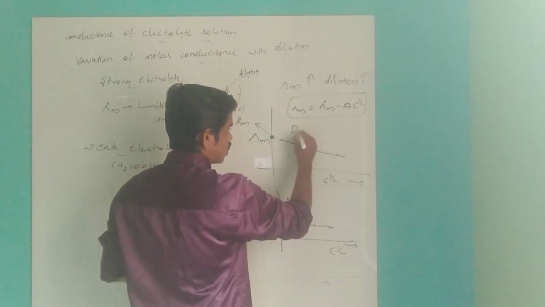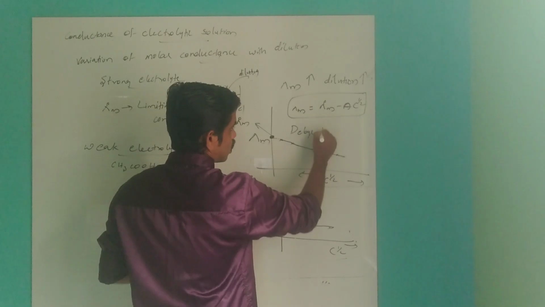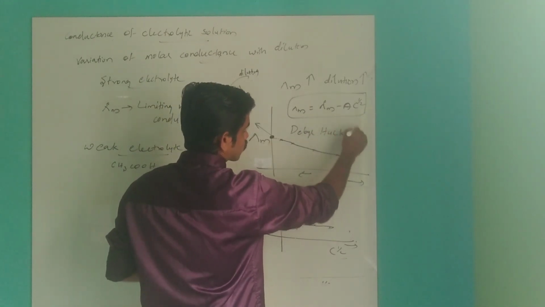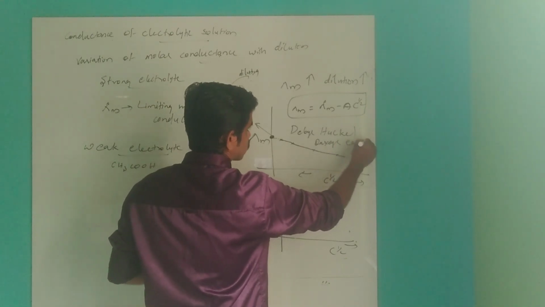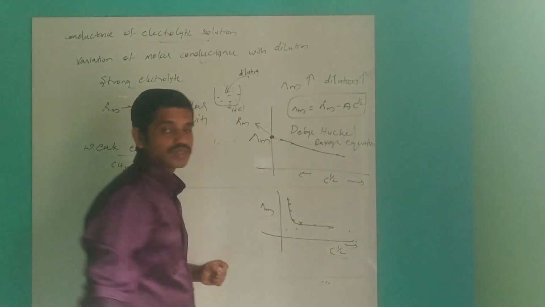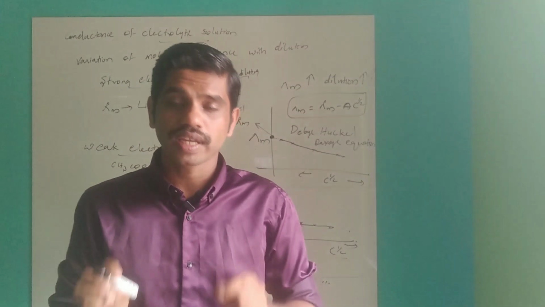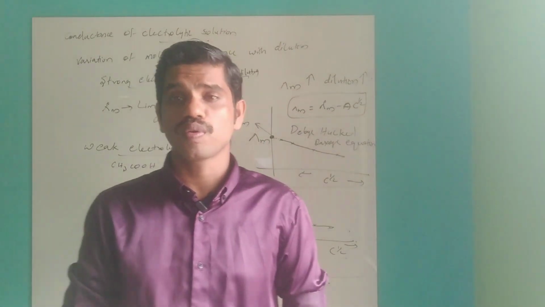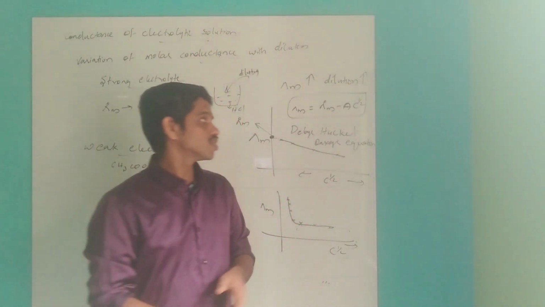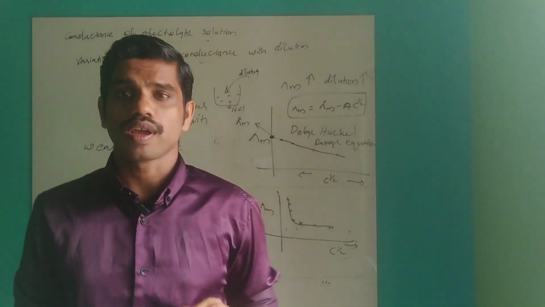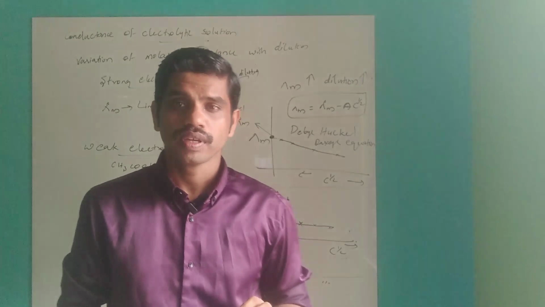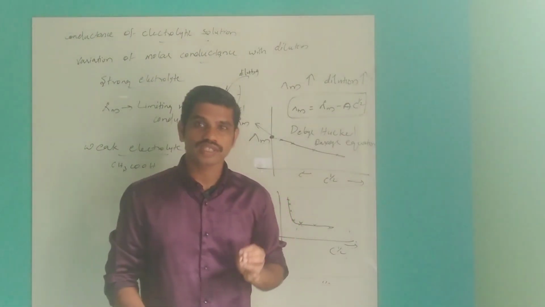The Debye-Huckel-Onsager equation is used to find the molar conductivity or limiting molar conductivity of a strong electrolyte. Now we will discuss Kohlrausch's law.